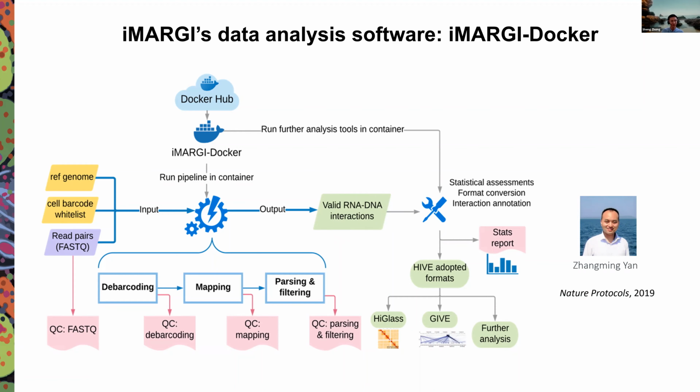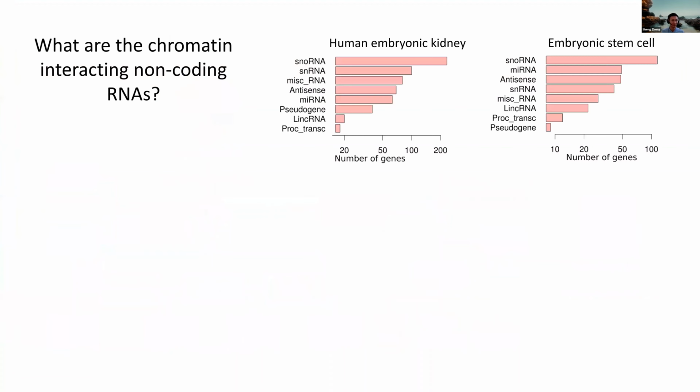So now, if we come back and ask what the chromatin-interacting non-coding RNAs are, when analyzing two cell types, in this case the human embryonic kidney cells and the embryonic stem cells, we see a sizable number, hundreds, of snoRNAs, small nucleolar RNAs, as well as antisense and pseudogene transcripts, among the chromatin-associated RNAs.